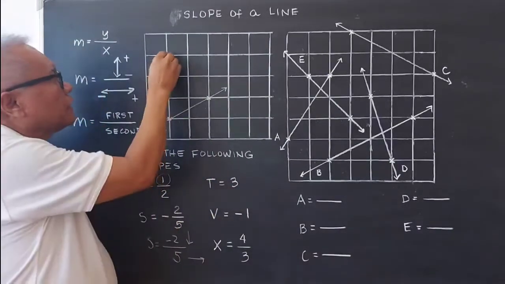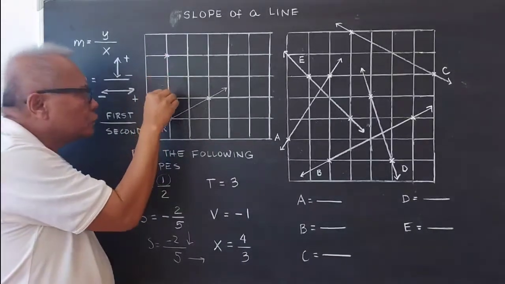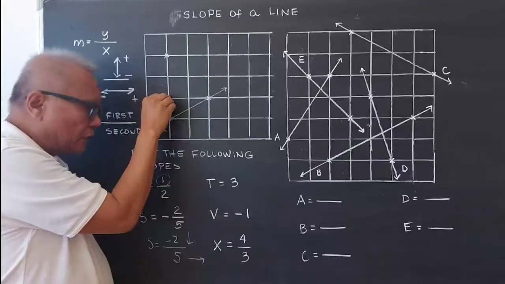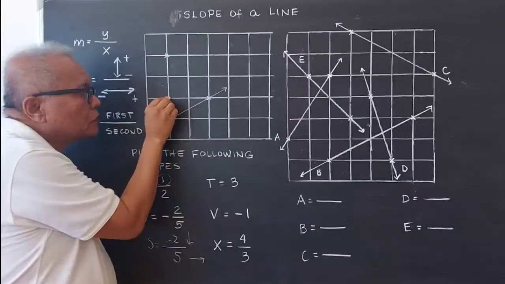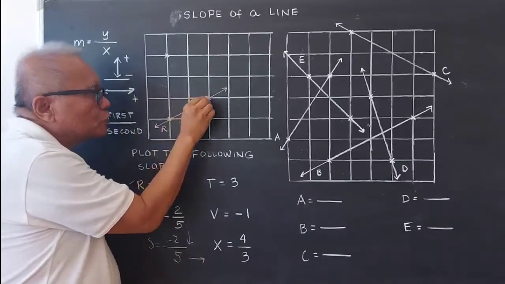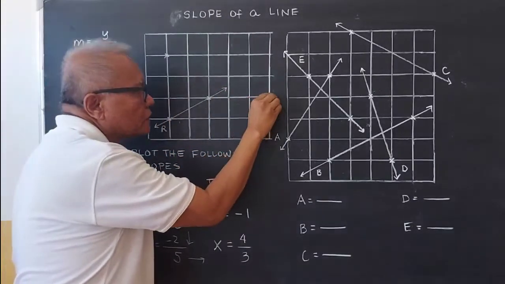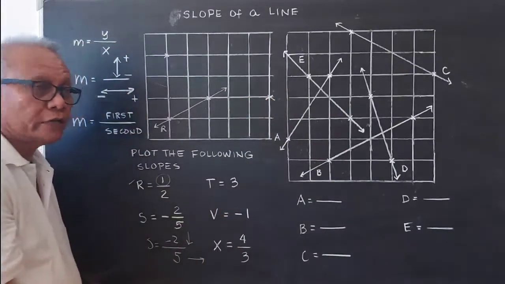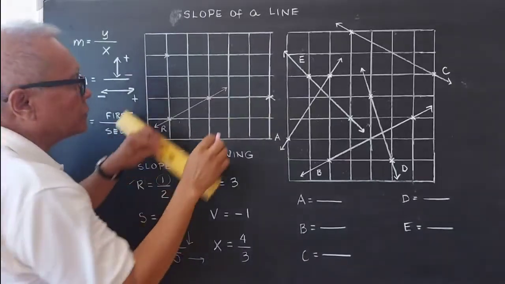Okay, so here 2, negative 2: 1 and 2. So we are here. Then use the positive 5. So from here we count 1, 2, 3, 4 and 5. So this one is your 5. Then we draw a line from your starting point to the end point.